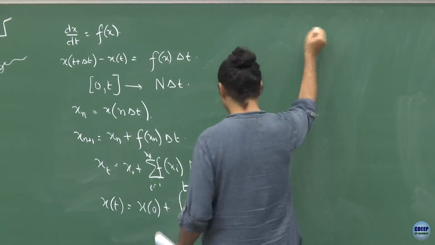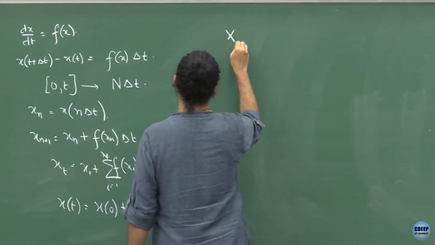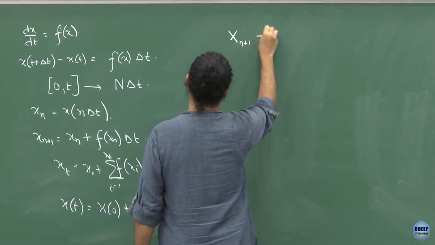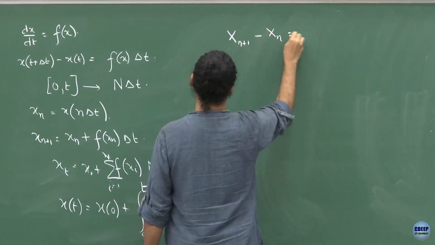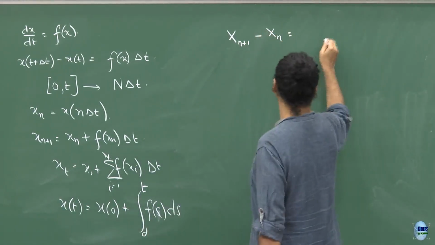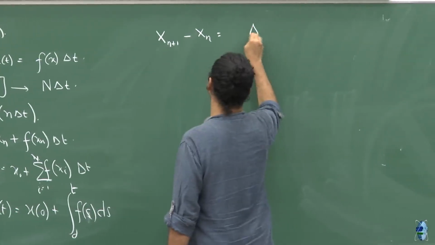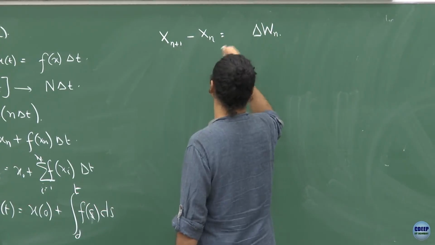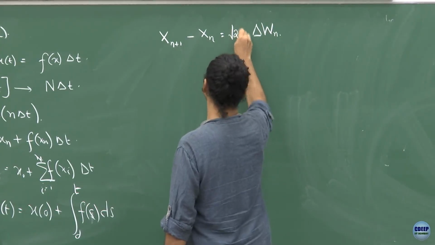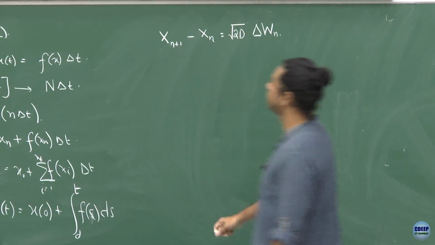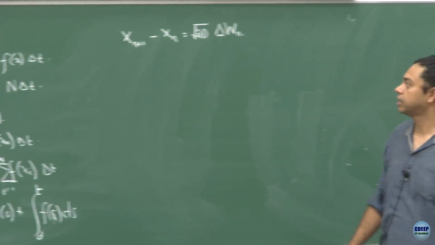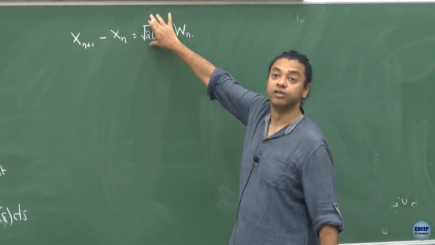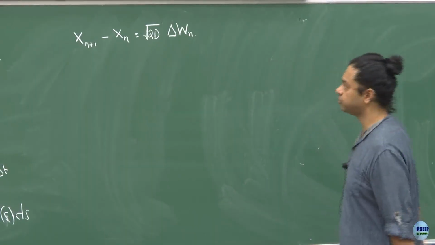Similarly, I can write x of n plus 1 minus x n is equal to some increment delta w of n times some prefactor, square root 2d. We will see why we need the square root 2d to recover the diffusion.